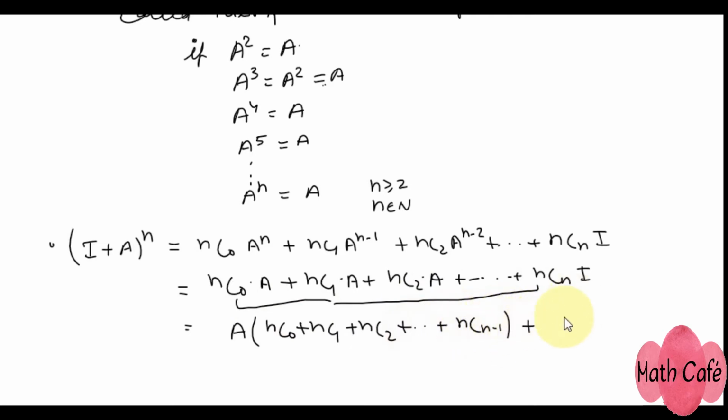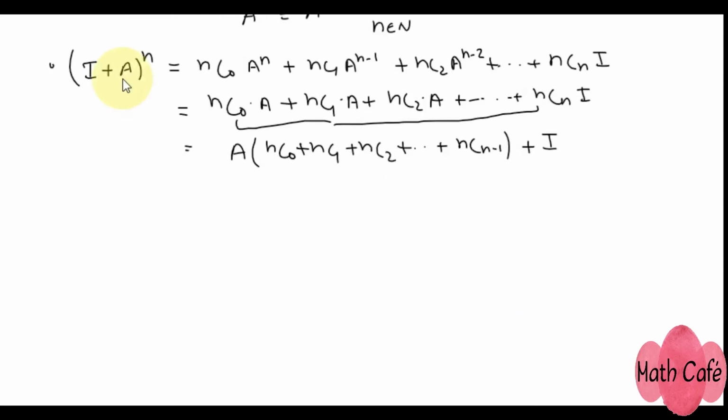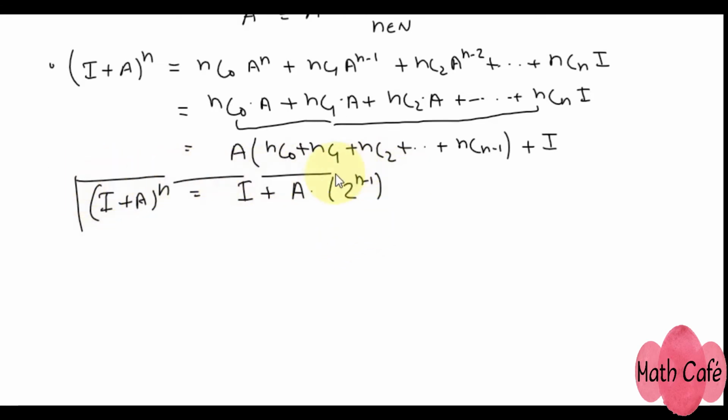Alright, plus this nCn is 1, so this is just I. So I am taking I at first place, so I plus A multiplied by this is nothing but 2 power n minus 1. Alright, so (I plus A) raised to n will become I plus A multiplied by (2 power n minus 1). So this will be valid only for idempotent matrix. Okay, hope you understand this.